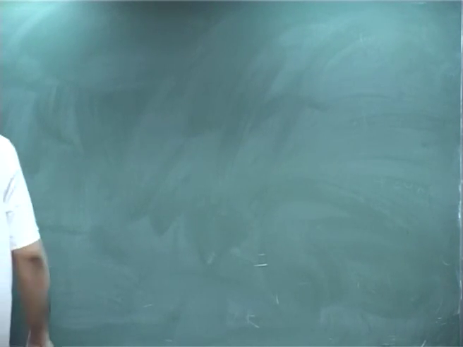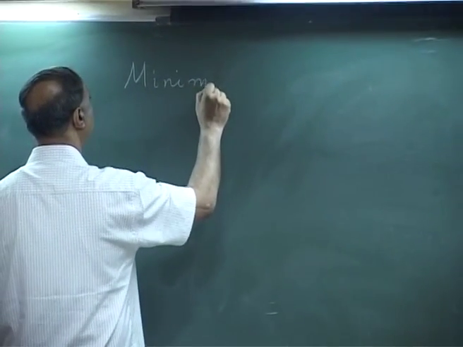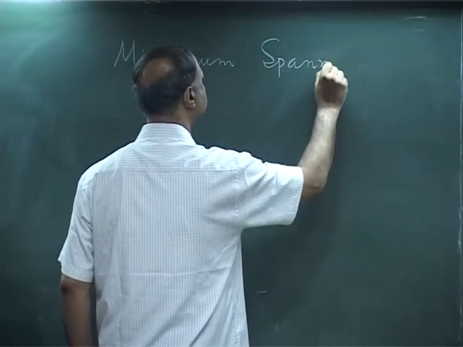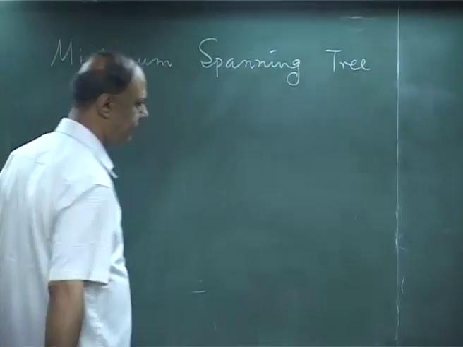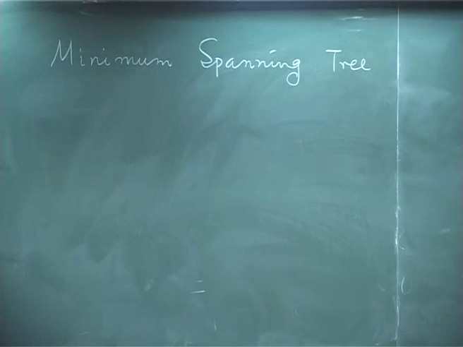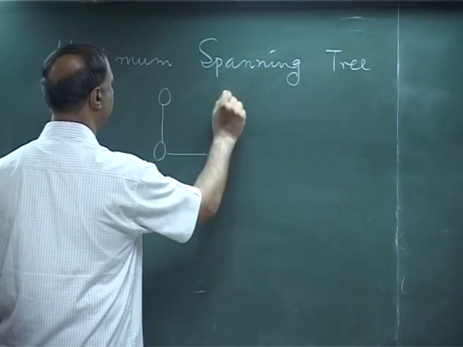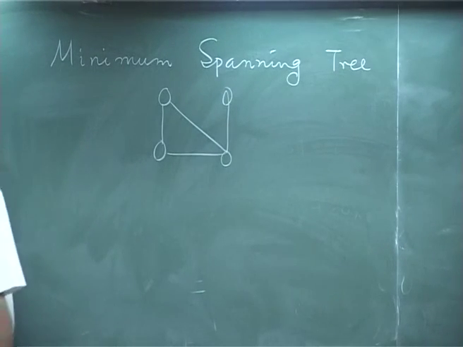Now the next type of problem which we can solve through the greedy method is finding the minimum spanning tree. Suppose G is the weighted graph.